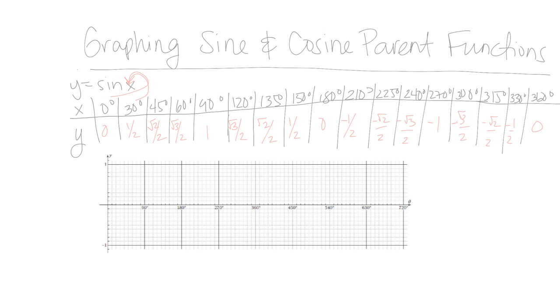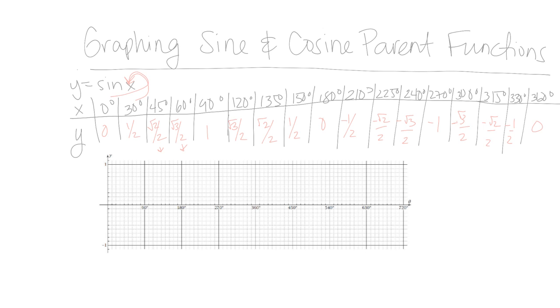Now I'm going to have to plot them as points on my coordinate plane that I have already here. It's not going to be so easy to graph them all, right? These are irrational, root 2 over 2 and root 3 over 2. You could get decimal equivalents, so I'm going to just estimate them for the purposes of this graph, even though we know those are not exact values.